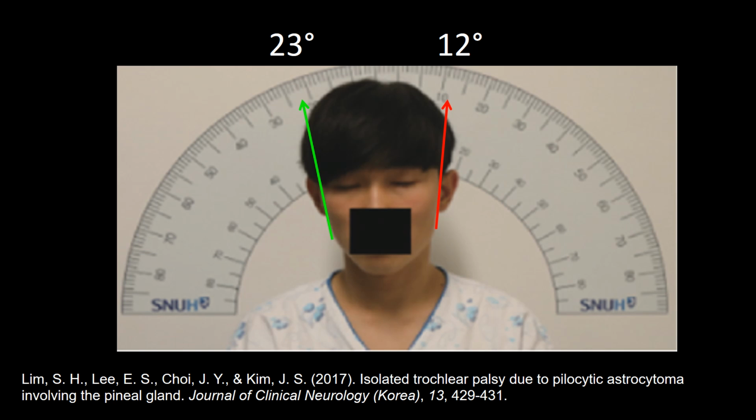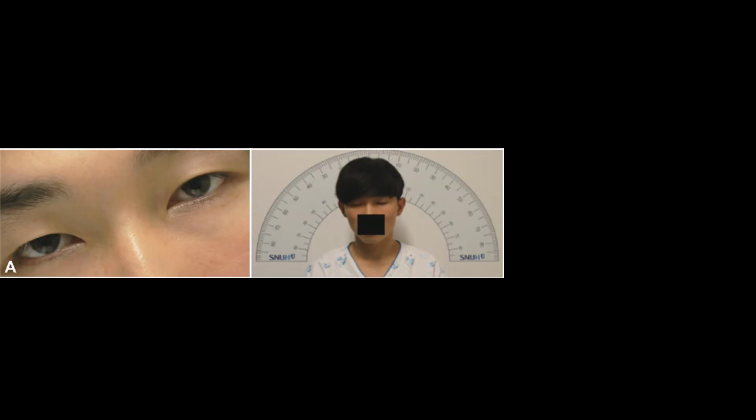This represents a right head tilt. I will now reduce this photograph, as you can see, and introduce a close-up picture of the patient with his head tilted to the right, his preferred position.